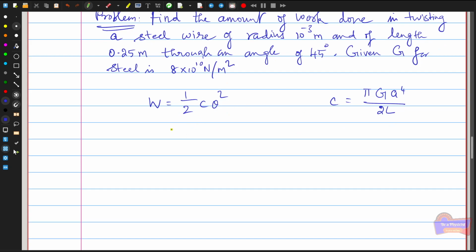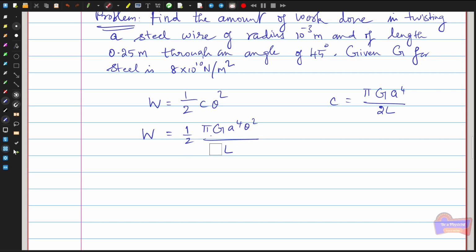We can directly substitute it here, so the work done is half pi G a power 4 theta squared divided by 2L, which gives 1 by 4 times of this. So that is our value.